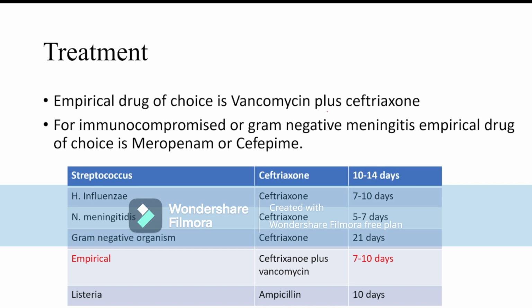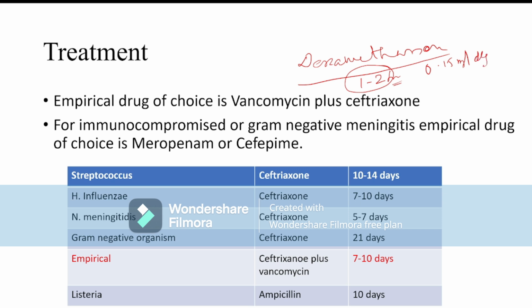Before giving the antibiotic, you have to give a dexamethasone injection, 1 to 2 hours before the antibiotic, at a dose of 0.15 mg per kg per dose for 2 consecutive days. Why do we give dexamethasone before the antibiotic?